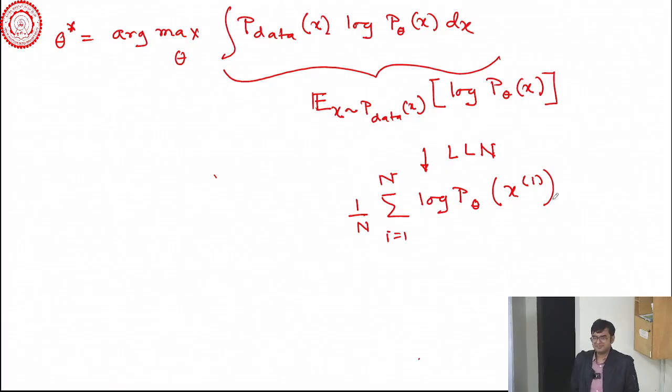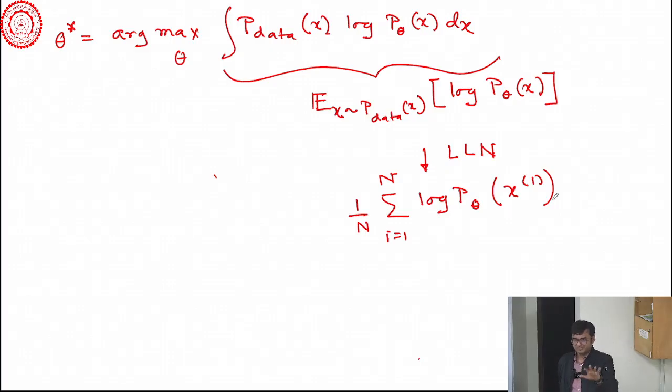Now, can you tell me what is p theta x i? What is this quantity? In statistical terms, is there a name you can assign to it? It is the likelihood. It is actually p of x given theta. Theta is unknown, so if you put it on the conditional side, that's the likelihood. So then what is this log of p theta? Log likelihood, and then you are taking an average of that. So you are maximizing the log likelihood or the likelihood.